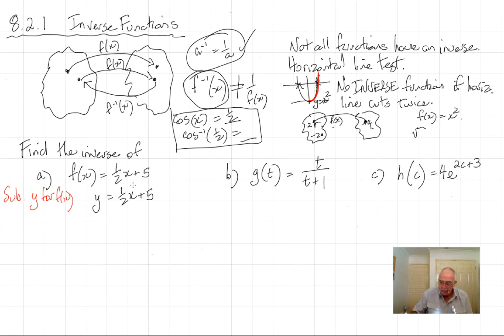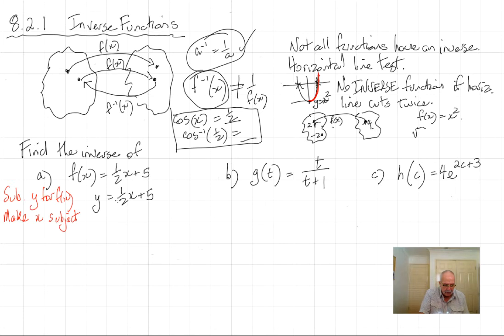And then the next step is to make x the subject. So it's like a formula, and we're going to have to rearrange this formula to get x by itself. Now, looking at this, we've got a plus 5.